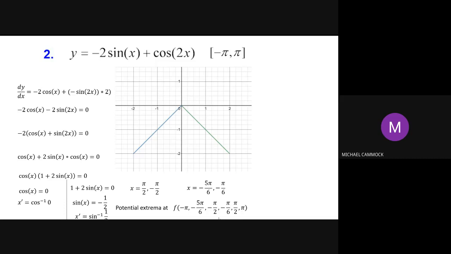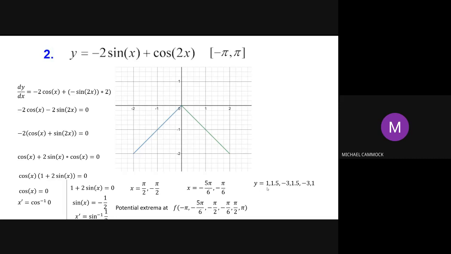So without us having to pause to go through it, just understand that I had to put each one of these values back into the original function. Evaluate each of these values, and I want to get my y for every one of these values. So I'm just going to show you what the answers are, and then we can move on.